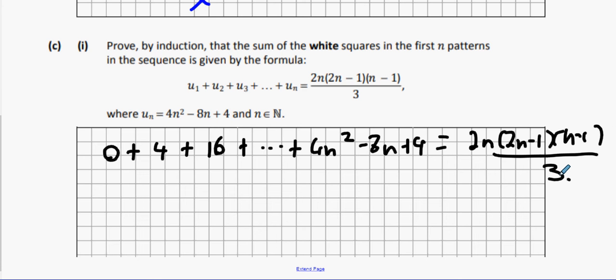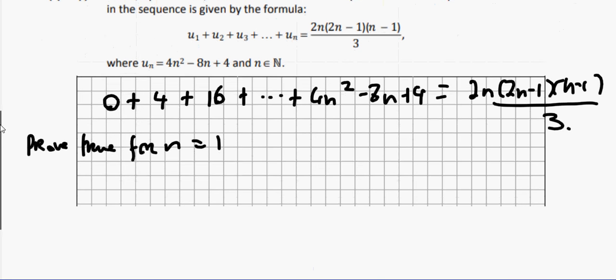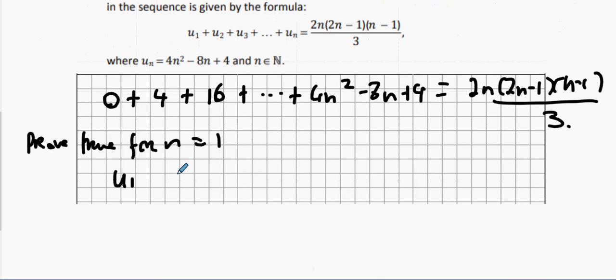Okay. We're going to prove true for n equals 1. So that would mean that u1, and remember this is essentially s1, right?